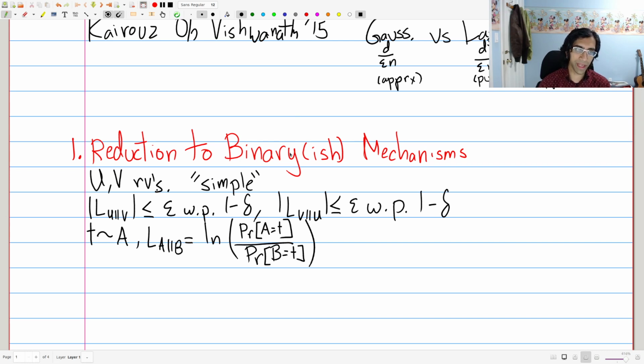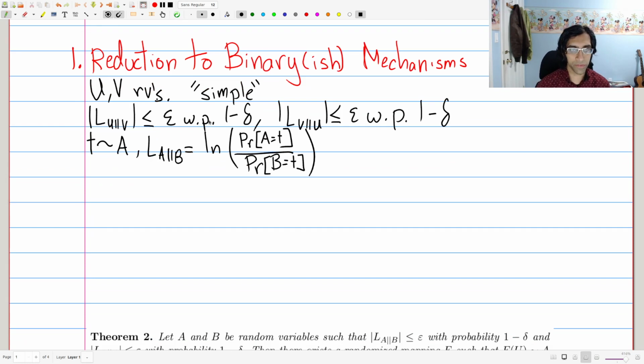Okay, so like I said, we want the simplest random variables that satisfy these two conditions here. Let's see exactly what random variable that would be. We're going to try to make it as simple as we can. Ideally we'd like to make it binary, but you'll see shortly why that can't be.